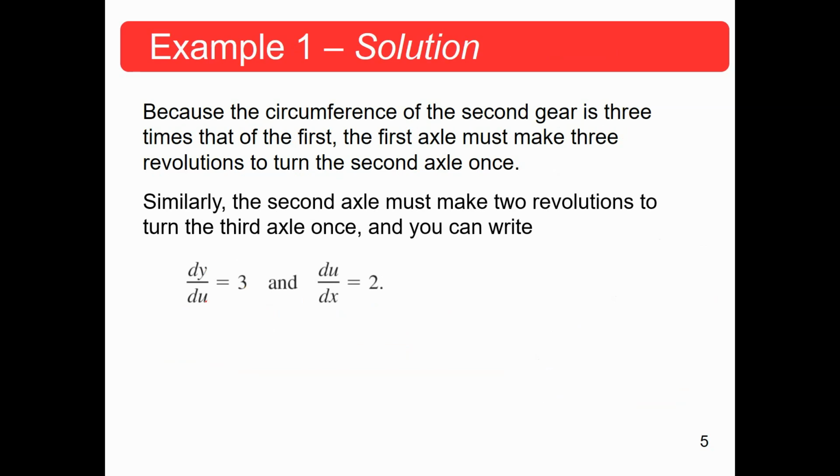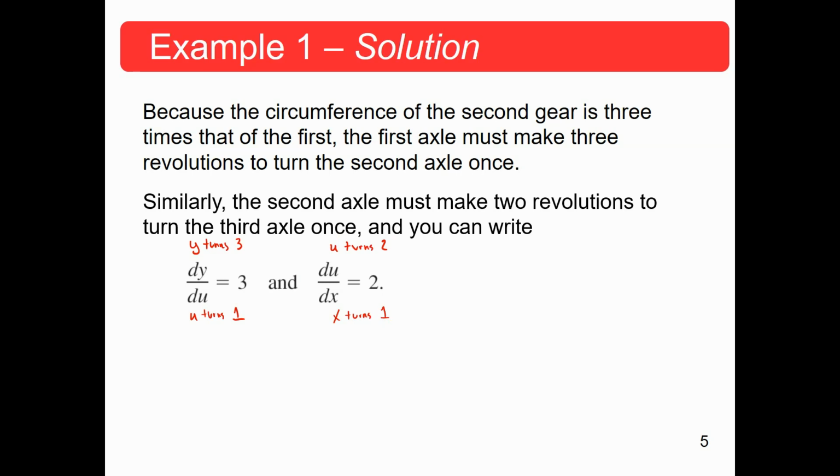So with respect to u, y turns 3 times when u turns 1 time. So 3 over 1. And here we're going to say that u turns 2 times as x turns 1 time.